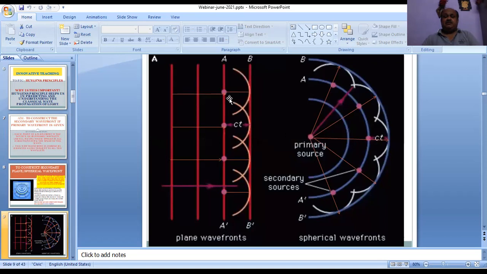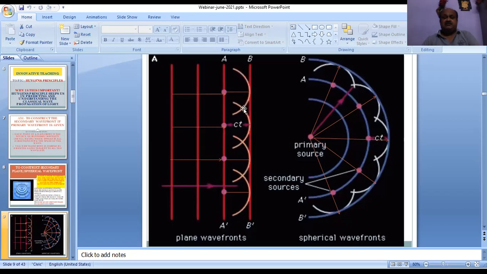Light moves with a speed equal to the speed of light. So if c be the speed of light, then ct will be the distance covered by the wavefront in time t. Now taking ct as radius, arcs are drawn from the points.